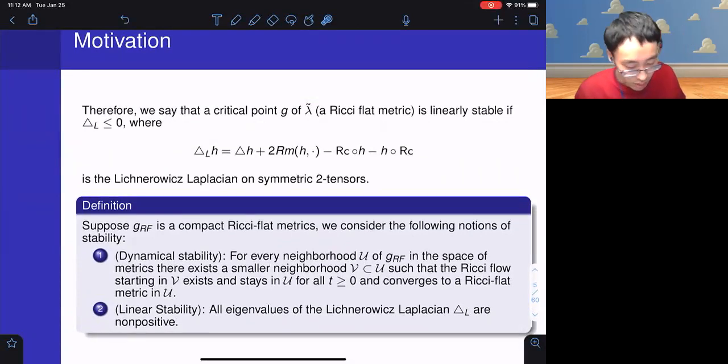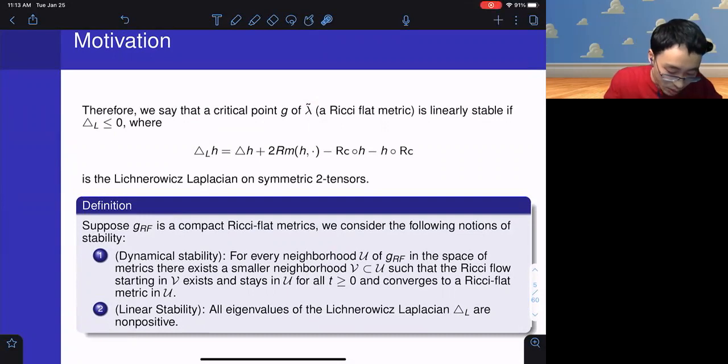Okay, so far we know that we have a concept that if the Laplacian L is non-positive, then it seems that lambda tilde is a local maximum, and we call this kind of stability linear stability.